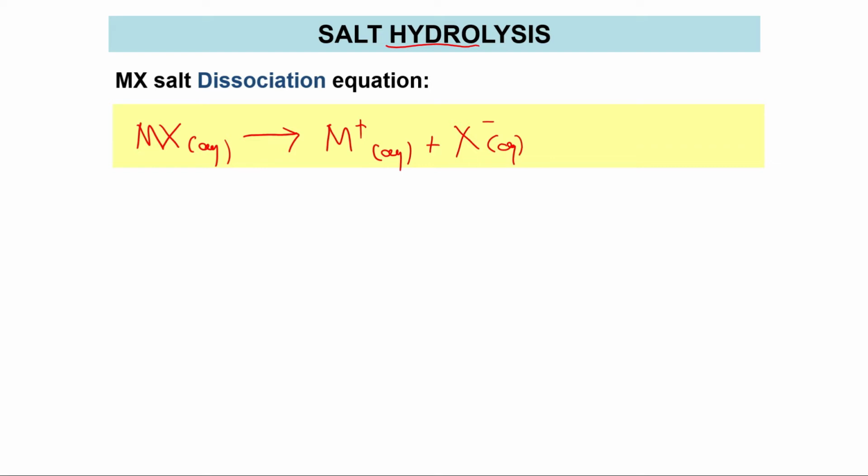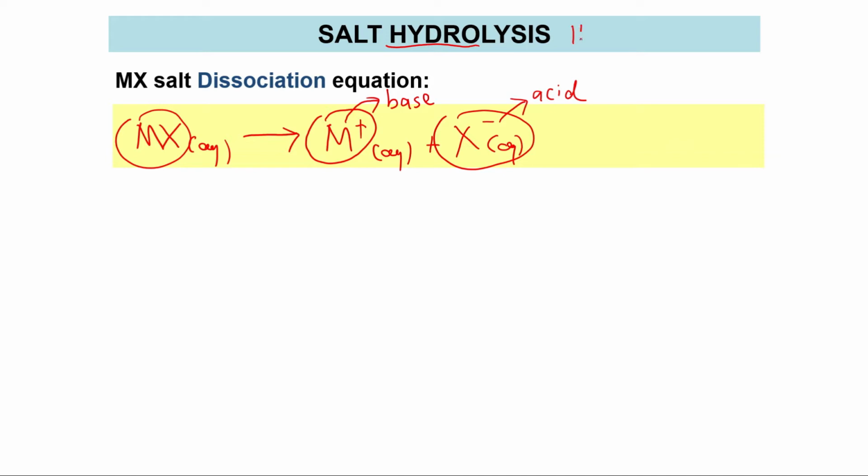So we know that this salt is made up from an acid and a base. So bear in mind, the cation of a salt always comes from a base. Anion of a salt always comes from an acid. Right, so let's recap.